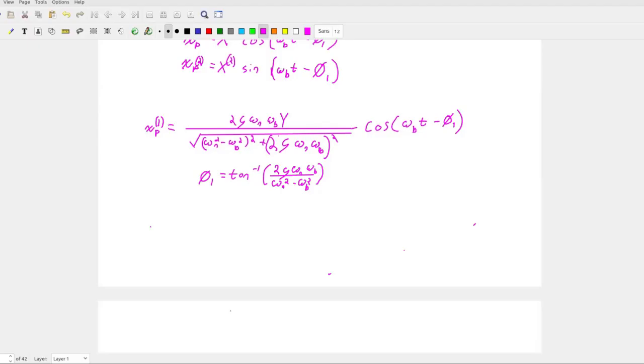We can get xp of 2 is equal to, it's going to be pretty much the exact same expression, but we have a different numerator. And we have omega n squared, capital Y. And then we're going to have the exact same denominator.